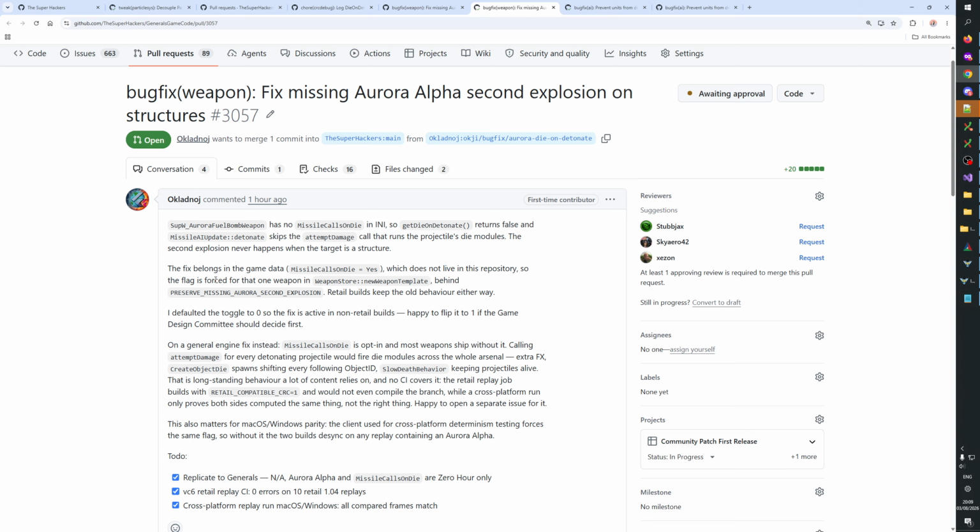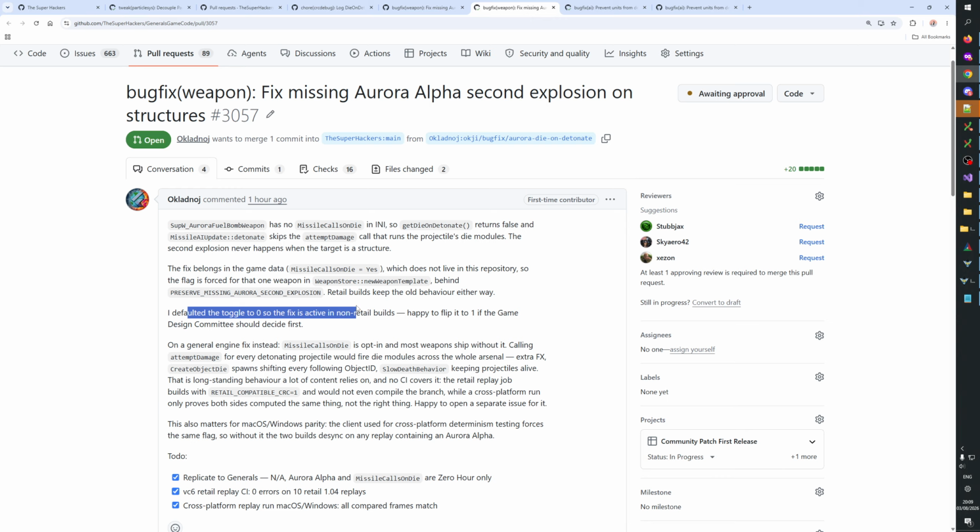So the flag is forced for that weapon in the new weapon template behind this macro, retail builds keep the old behavior either way. Why? So the question is why? I defaulted the toggle to 0, so the fix is active in non-retail builds. Happy to flip it to 1.